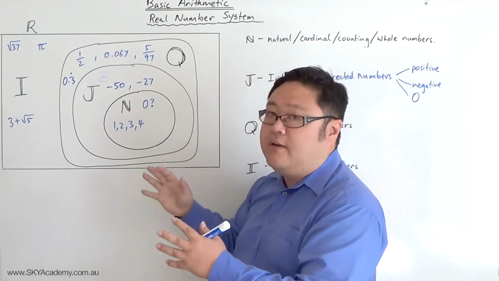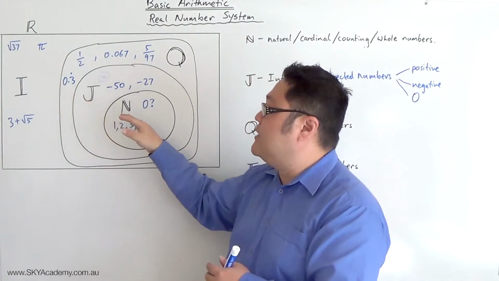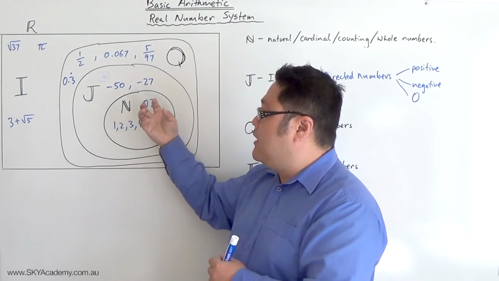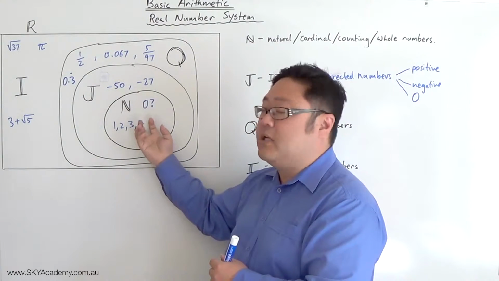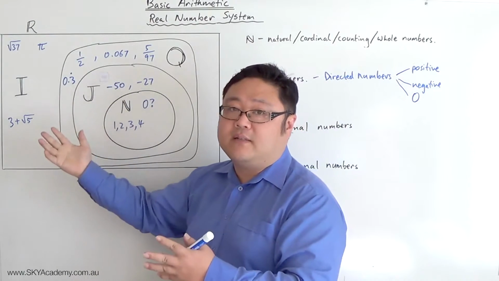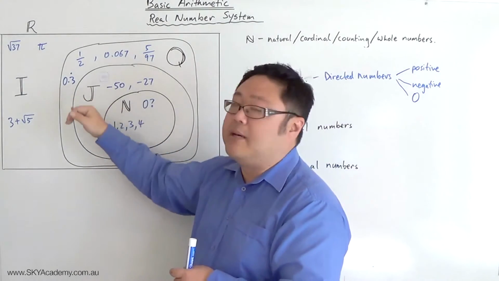Now, usually what you'll find is that each of these layers in this onion go from historically the oldest type of number system, or the most primitive type of number system, to the most modern or the most recently developed number system. But this is an exception, okay?